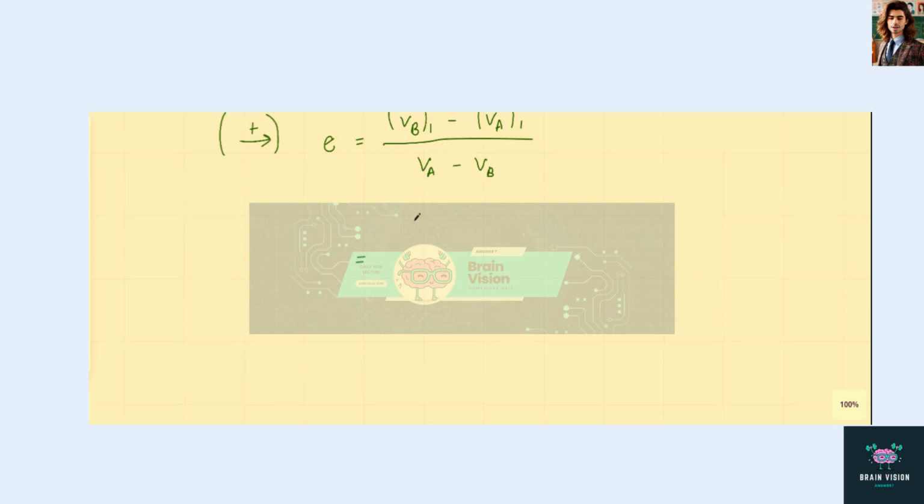So this is actually VB1 minus VA1, both of which are unknown, over V0 minus 0.